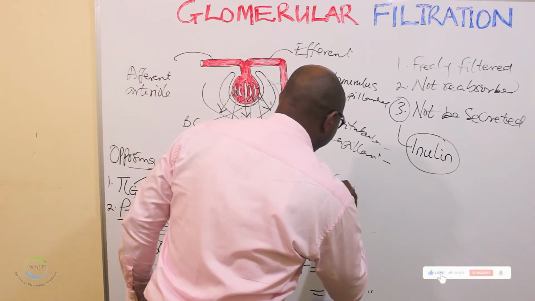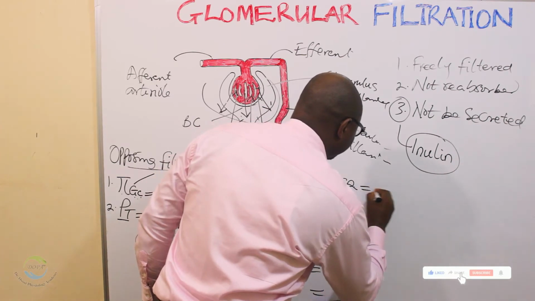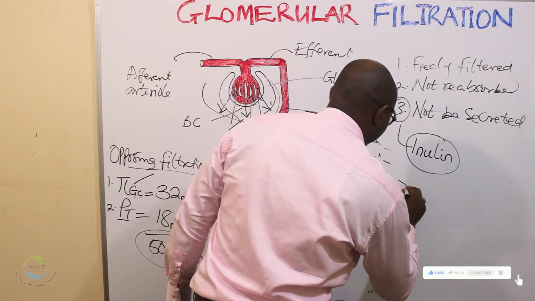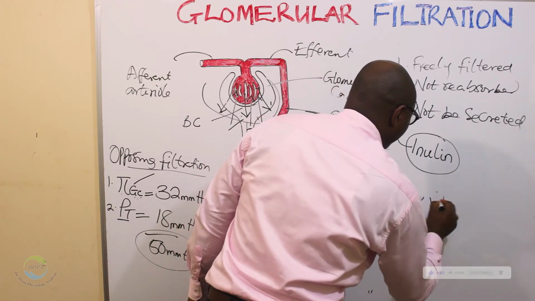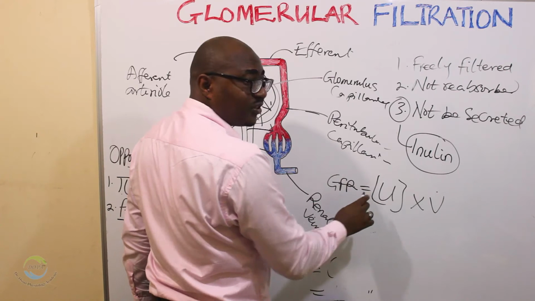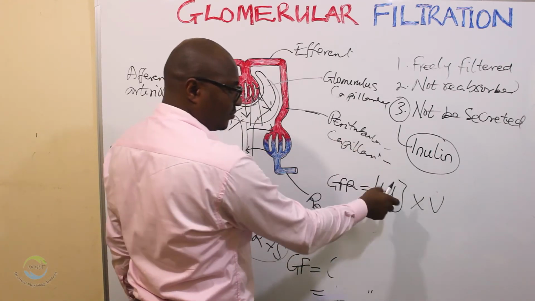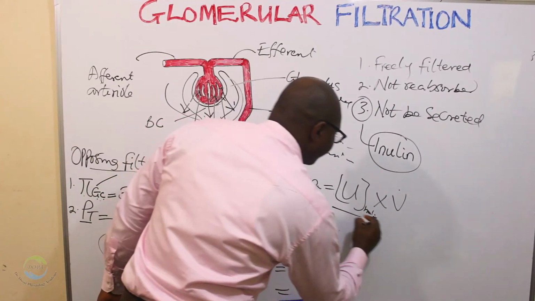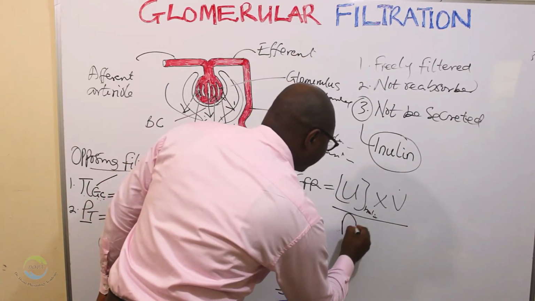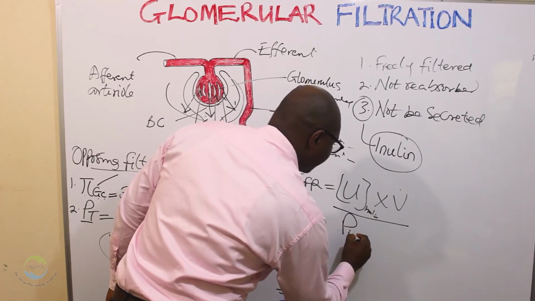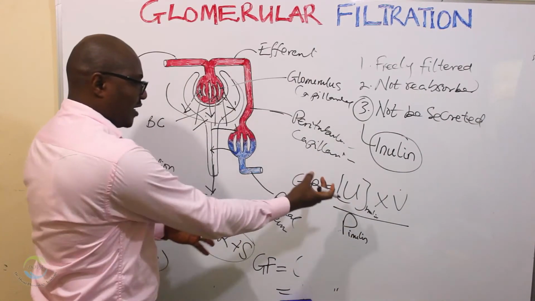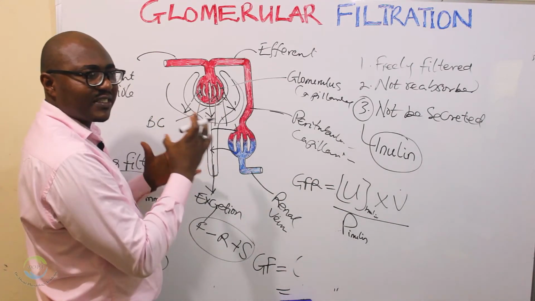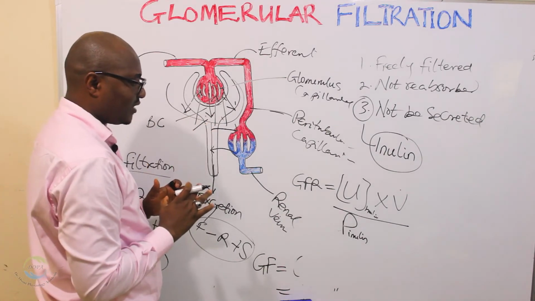So GFR, glomerular filtration rate, will be equal to the flow rate times the concentration of inulin in urine, over the plasma concentration of inulin. Because as you are taking this one, you're also taking the plasma concentration. So just revisit the previous lecture, where there are other things we said that you need to listen to.